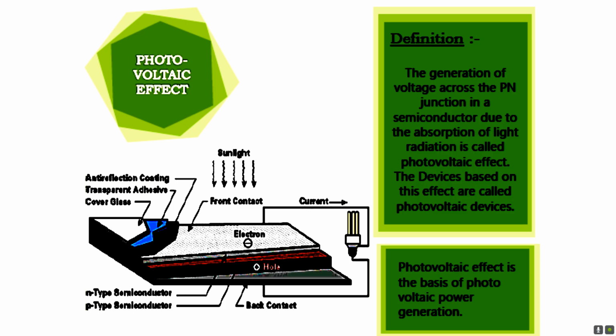The generation of voltage across the p-n junction in a semiconductor due to the absorption of light radiation is called photovoltaic effect. The devices based on this effect are called photovoltaic devices. Photovoltaic effect is the basis of photovoltaic power generation.